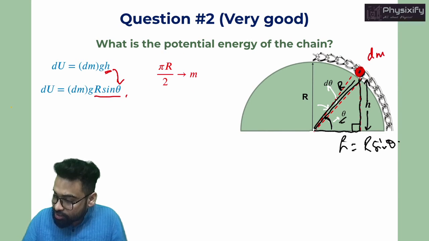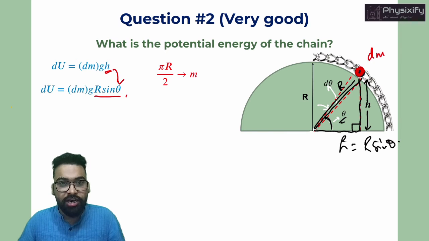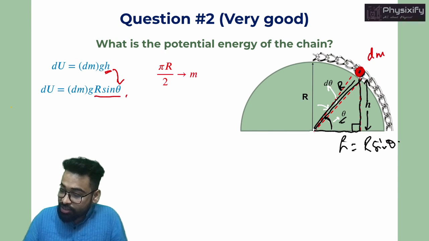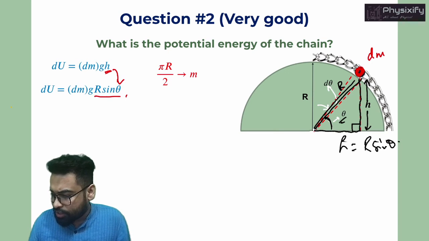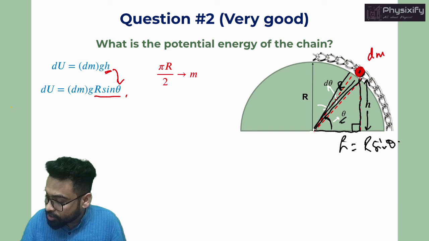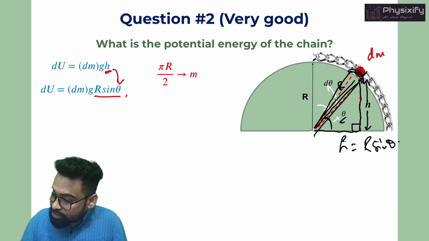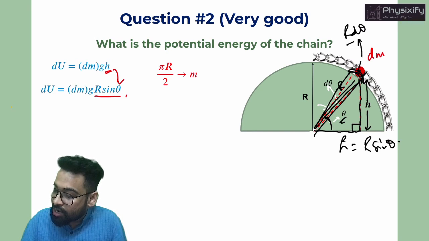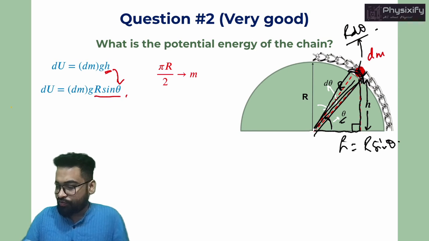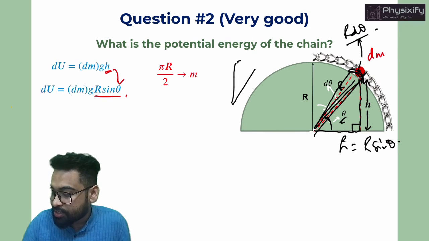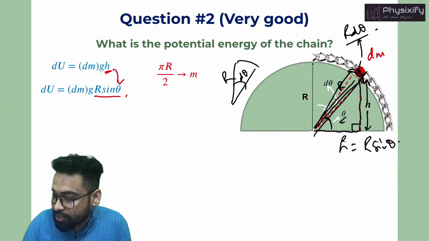If you talk about this small little mass dm, the length that gets covered from here till here can be said to be r d theta, right? If this is r and this is d theta, this length would be r d theta.